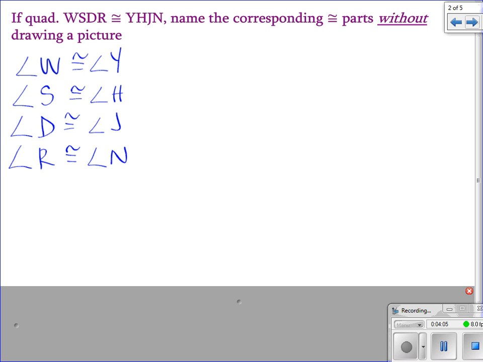Let's talk about the sides. So remember, when we name a shape, it's in a circular fashion, so it's going around the object. So if we have side WS, that should be congruent to side YH. Then we can just keep going. Side SD, congruent to HJ.